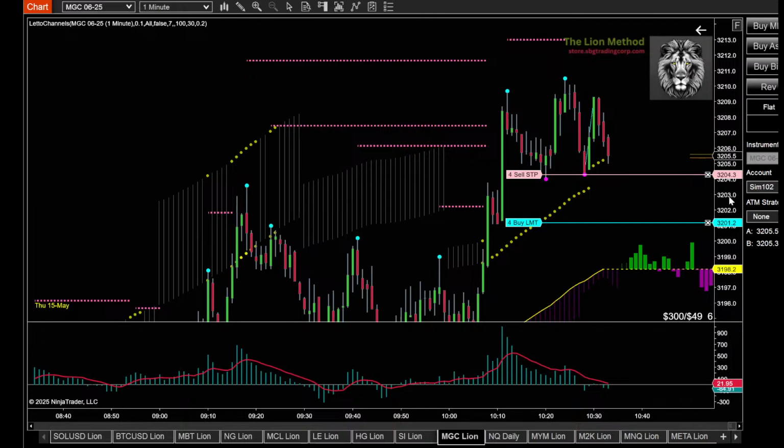Delta is still downward. So delta is the difference between the buying pressure and the selling pressure.